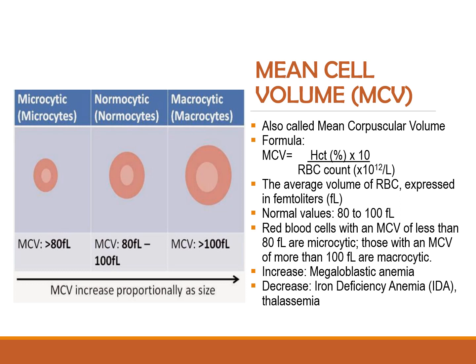Basically, the MCV tells us the size of our red blood cells, and there is a direct relationship between the MCV and the size of your red blood cell, because as the MCV increases, the size of the cell also increases.